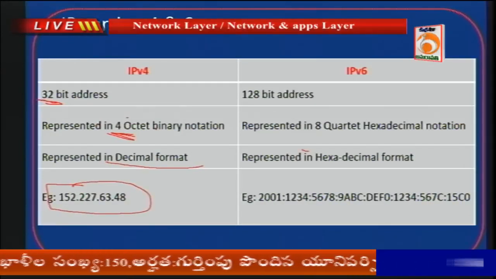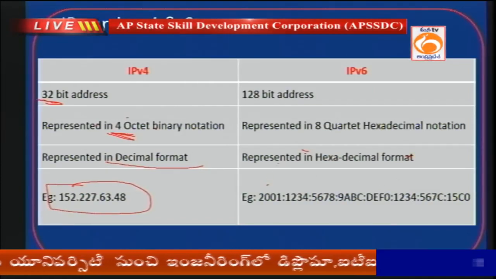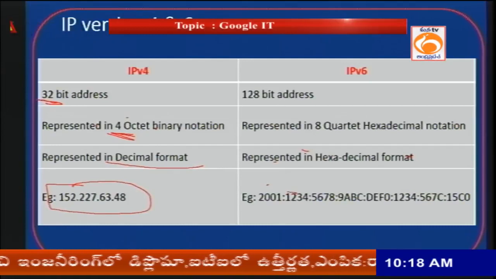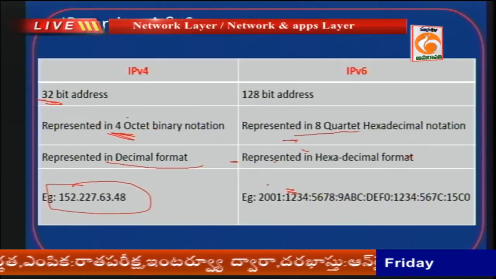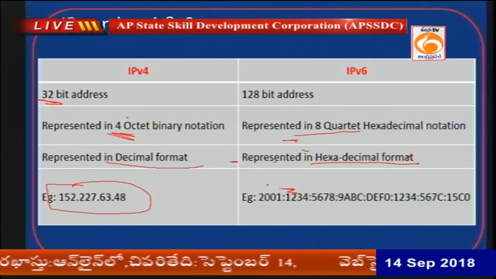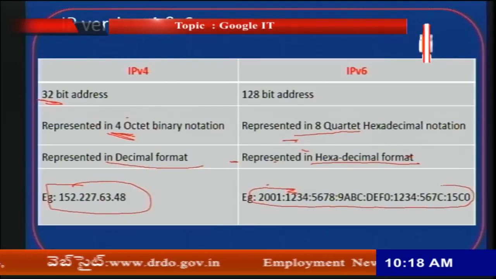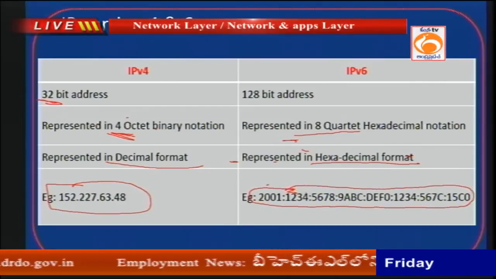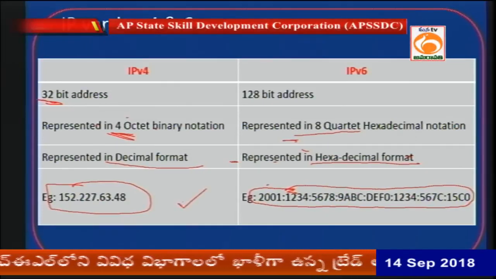And in the case of IPv6, which is 128 bits, you can see that it is in 8 quadret format, and it is in the hexadecimal notation. And this is an example of an IPv6 address. You can see it's too long; we will learn how to make this address look smaller, but first we will look at IP version 4.